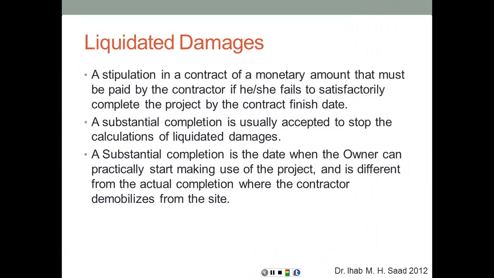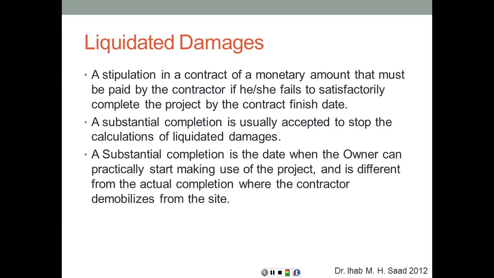So the liquidated damages are a stipulation in the contract of a monetary amount that must be paid by the contractor if he or she fails to satisfactorily complete the project by the contract finish date. A substantial completion is usually accepted to stop the calculations of liquidated damages, because by substantial completion the owner can practically start making use of the project.